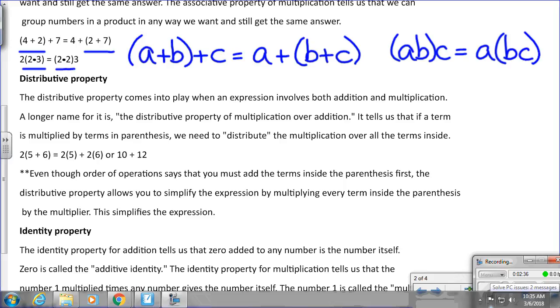The distributive property states that a number outside of the parentheses can be multiplied by both numbers inside the parentheses. So we will see a number outside the parentheses, and then it will be multiplied by the numbers inside the parentheses. So 2 times 5 plus 2 times 6.